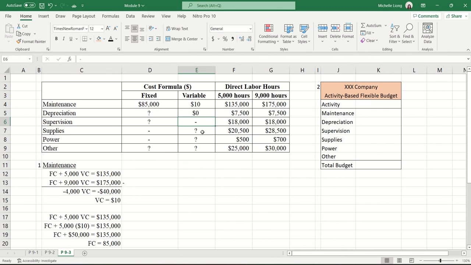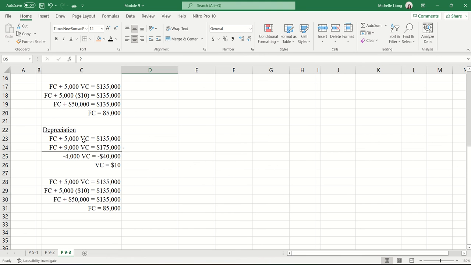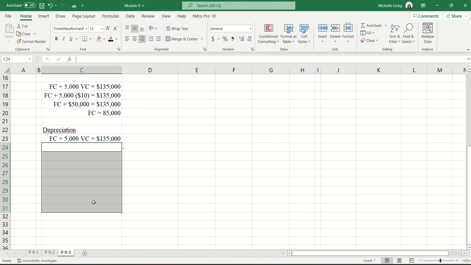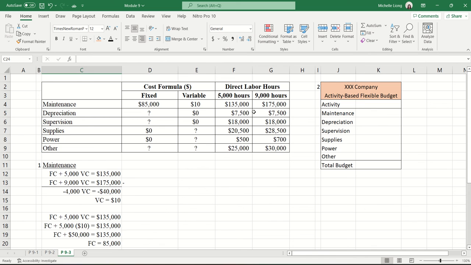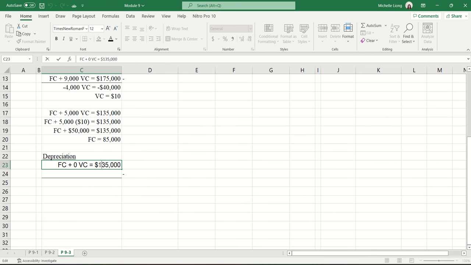So I'll just insert this so we can be more clear, because depreciation is still fixed for every year, so it's impossible to have a variable. So we only need to find the fixed cost, and it is easier. If the formula is still using this, then fixed cost plus zero variable cost is equal to 7,500, right?